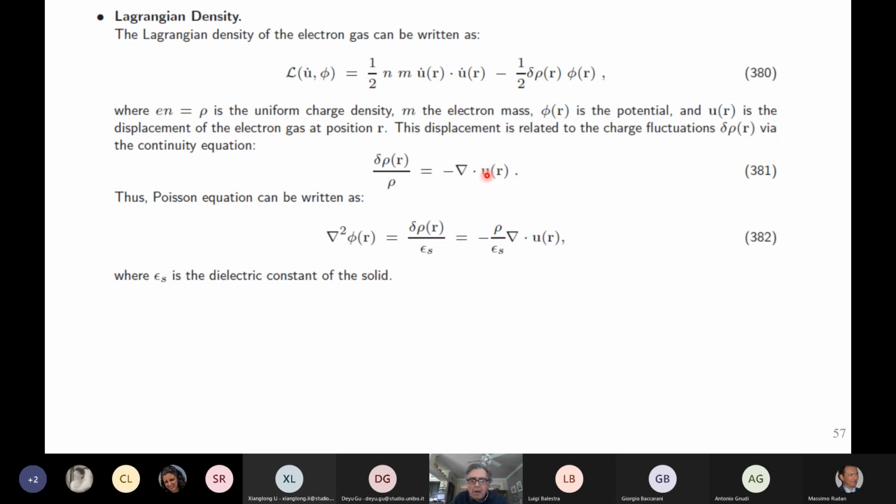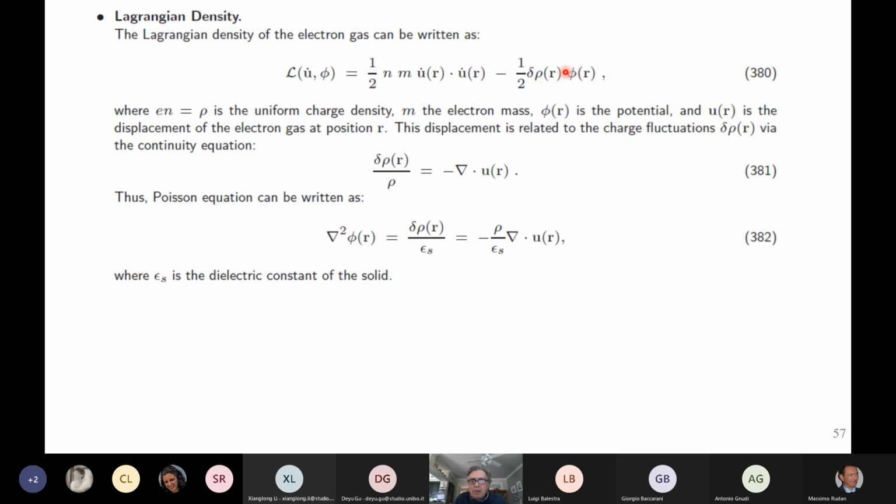All electrons are shifted by the same amount, and I don't have any charge. So I have to have a divergence of the displacement in order to expose the charge. So the charge that I have, delta rho, will be given by rho times minus the divergence of the field, with the uniform charge density in the denominator here.